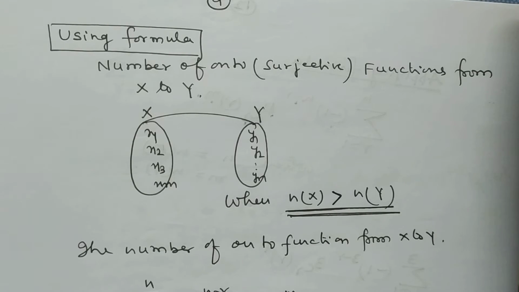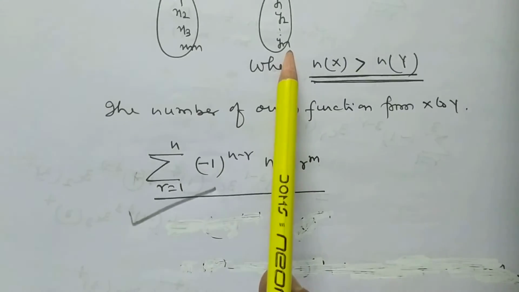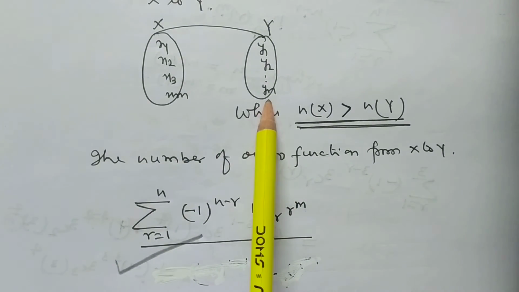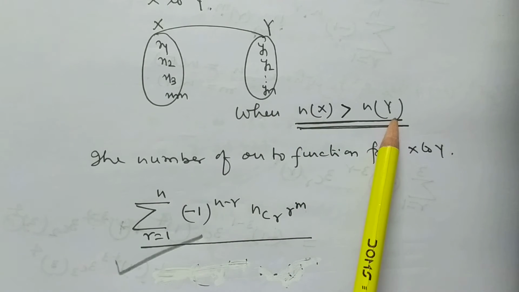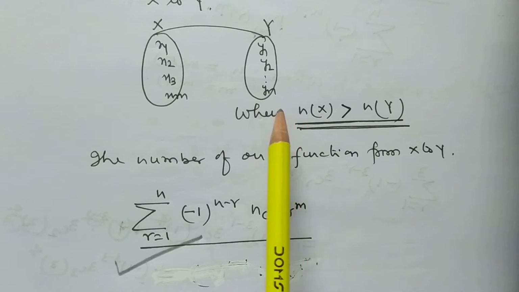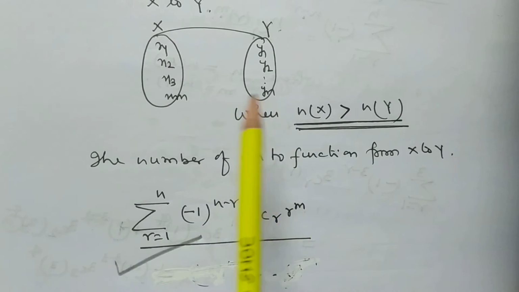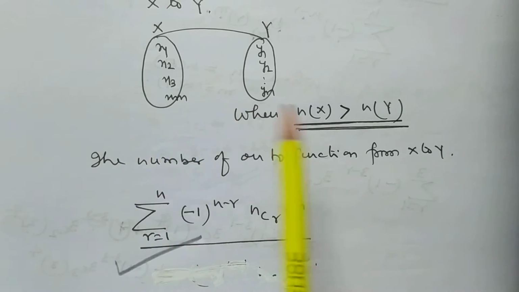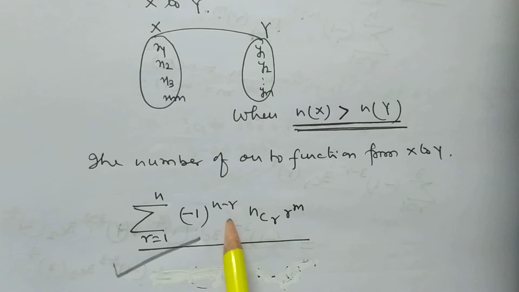It is difficult for a student to remember this formula. Here cardinal number of x is greater than cardinal number of y. Cardinal number of y is equal to n, and cardinal number of x is equal to m. So now it will be minus 1 to the power n minus r.